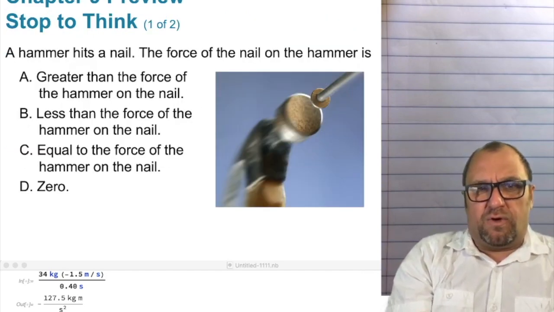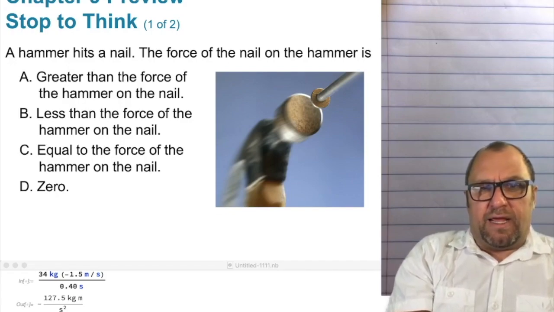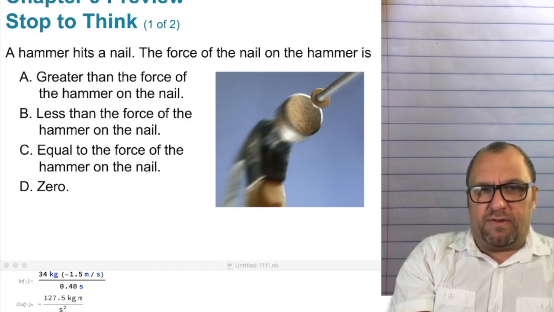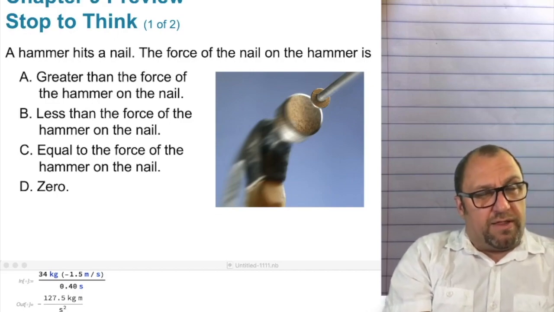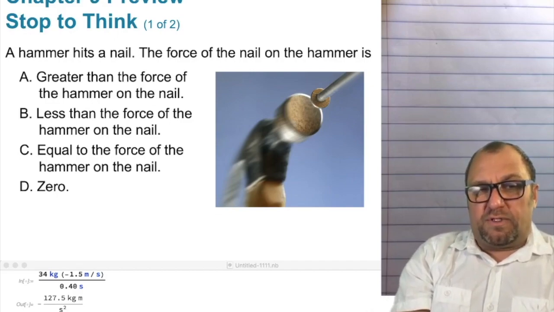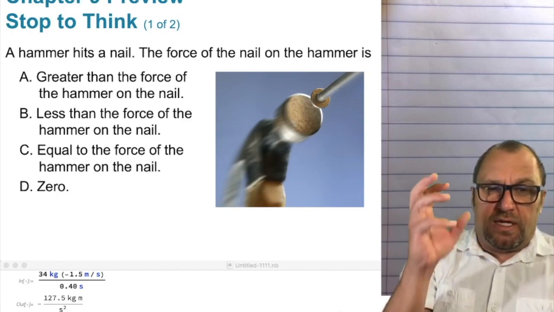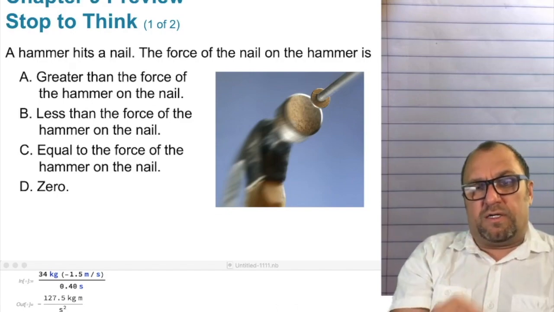Okay, so a hammer hits a nail. The force of the nail on the hammer is: A, greater than the force of the hammer on the nail; B, less than the force of the hammer on the nail; C, equal to the force of the hammer on the nail; or D, 0. Well, we just saw that Newton's third law said that they have to exert an equal force on each other.